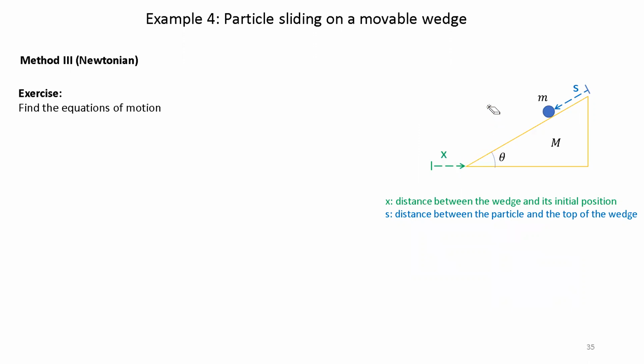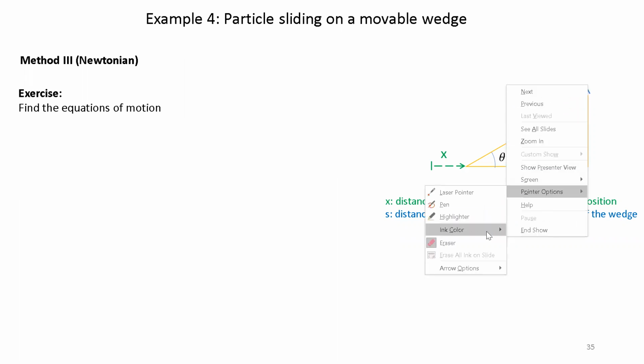The other coordinate that I will use is again this s, measuring the distance between this particle's position and the top of the wedge. But there's one thing to be careful about. Now you need to imagine that this s is a distance measured by someone that is moving with the wedge.